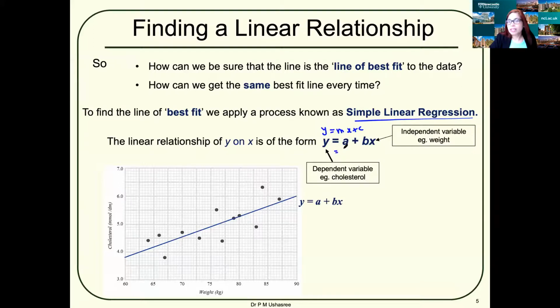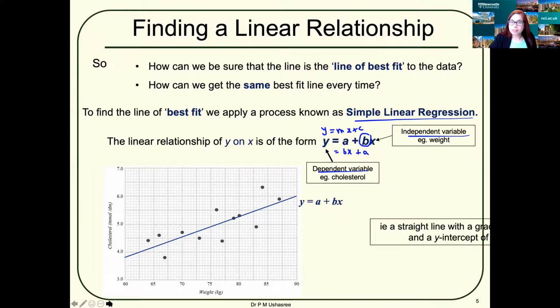So I can also write this as y = bx + a. Remember, the coefficient of x is b here, not a. Here y is the dependent variable and x is the independent variable. Now you have to find the value of a and b.